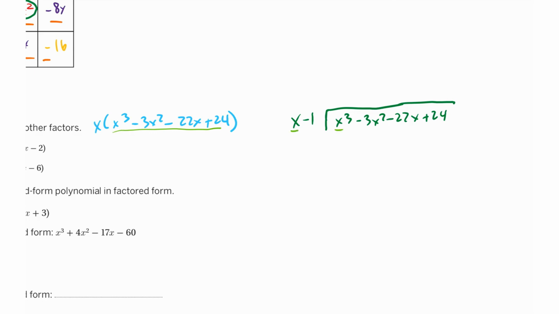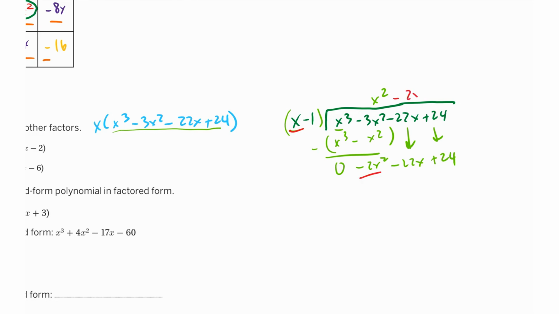So x times x squared gives me x cubed. I multiply, I subtract. So this becomes 0. Negative 3x minus a negative x squared gives me negative 2x squared, minus 22x plus 24. X times what is negative 2x squared?